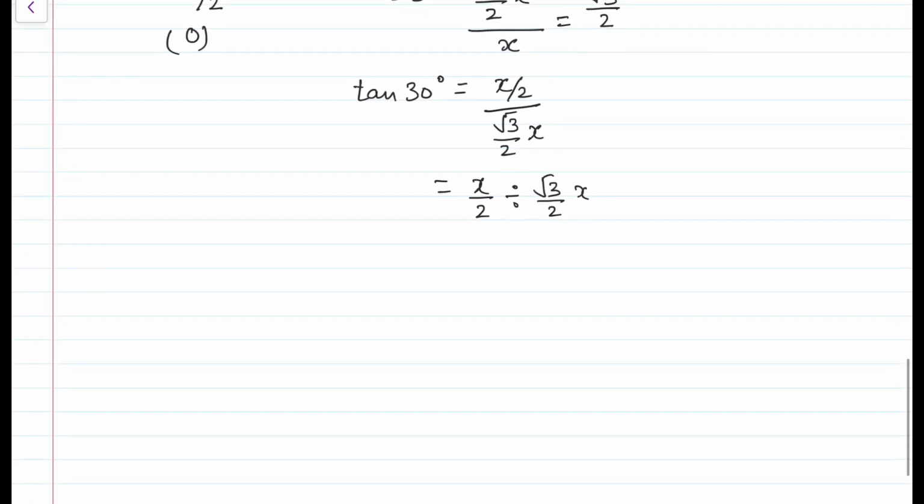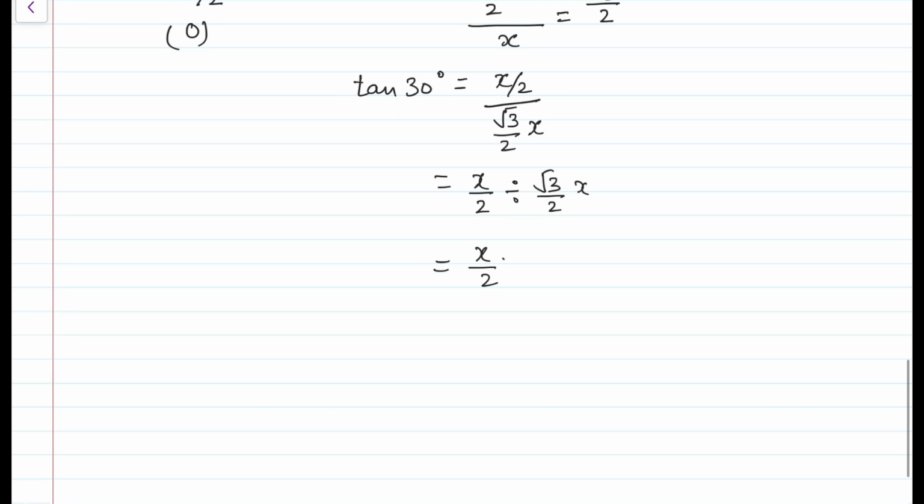So that will give us x over 2 times 2 over root 3 x. Sorry, root 3 x is in the denominator. So another way of solving could be 2x over 2 times root 3 times x. x and x cancel, 2 and 2 cancel, so you're left with 1 over root 3.